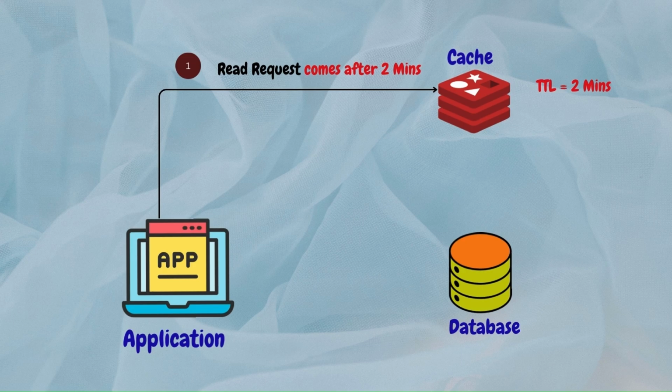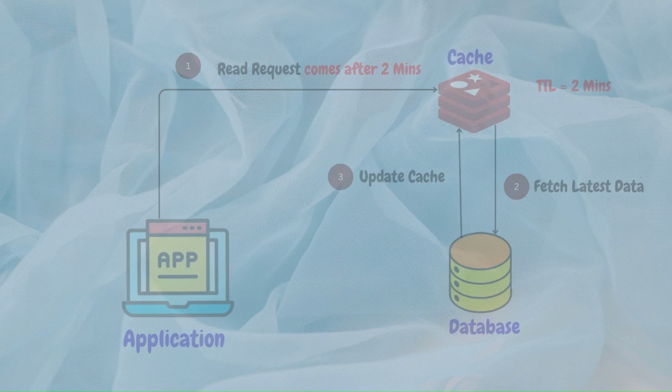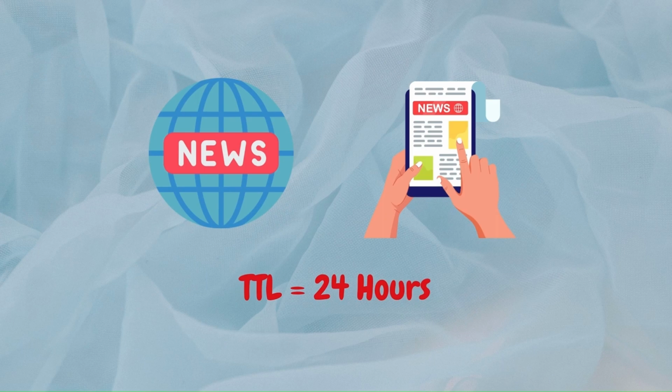If the value has expired, the cache fetches the latest version of the content from the origin server and caches it. For example, in a news application, articles in the cache may have a TTL of 24 hours. After 24 hours, the articles expire and are removed from the cache.